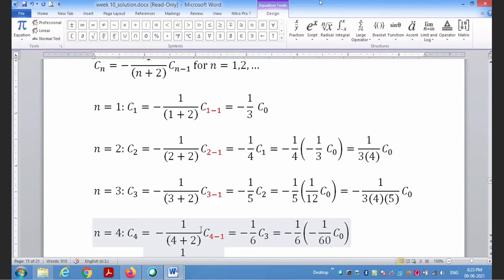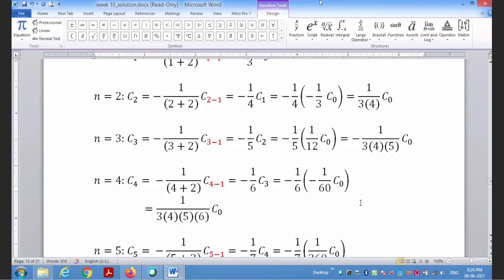And then when n equal to 3, C3 equal to minus 1 over 5 times 12, actually equal to 3 times 4 times 5, right? And then when n equal to 4, C4 equal to C naught over 3 times 4 times 5 times 6.